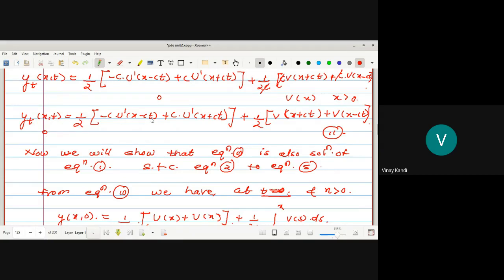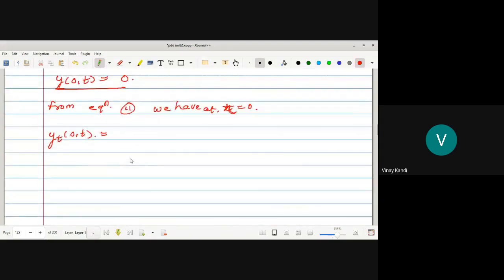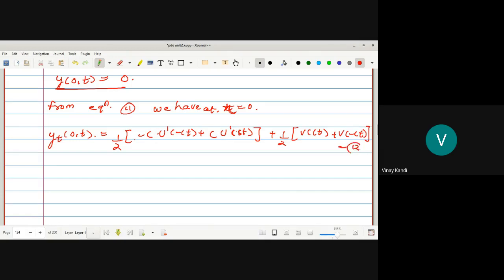U dash of minus u dash of ct, u dash of ct. Okay, v of ct plus v of minus ct. Okay, from equation 11 at x is equal to 0, we get yt of 0t is equal to 1 upon 2 into bracket minus c into u dash of minus ct plus c into u dash of ct. Okay, plus 1 upon 2 into v of ct plus v of minus ct. Okay, give it in equation number 12.